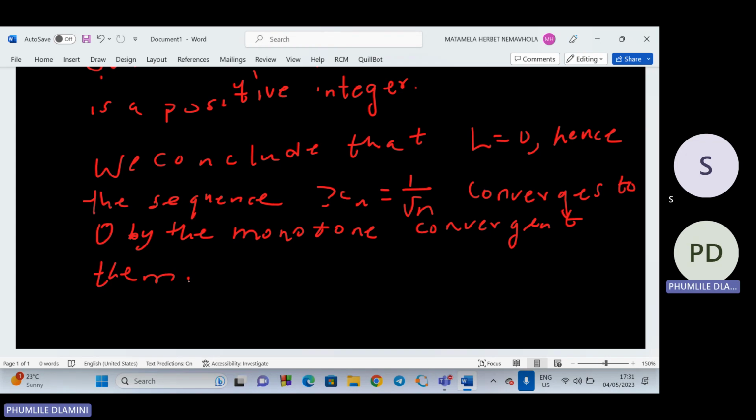So exactly from the starting point, when I started showing you that this sequence is decreasing, until this, it proves the last question of your assignments.